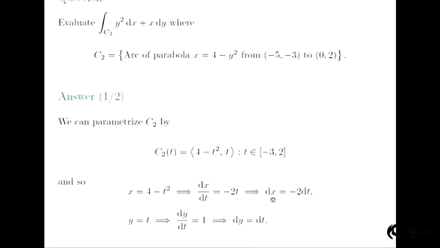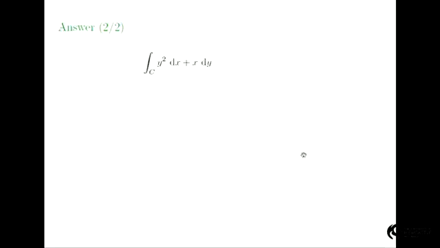From here to here, just multiply by dt. Am I missing a t? Yes. So this should be dx equals minus 2t dt. Check and make those corrections on the fly. Did I do it right here?